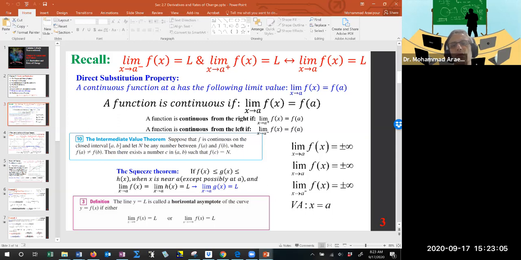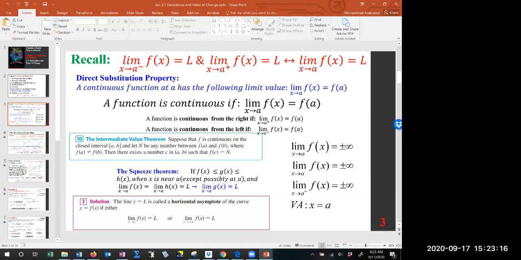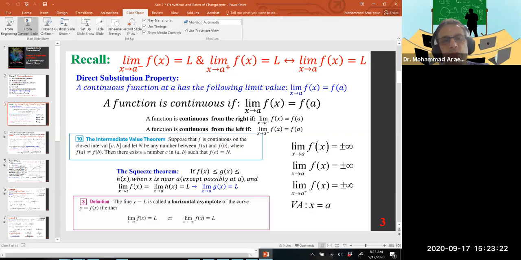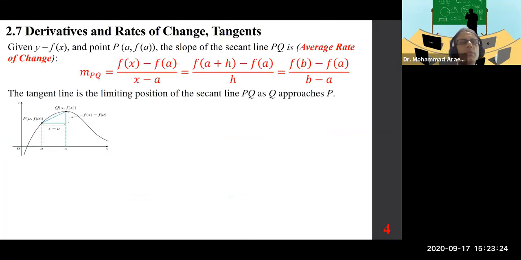Horizontal asymptote, vertical asymptote, squeeze theorem, the IVT or intermediate value theorem. So this is the synopsis of what has been covered, just to refresh your memory about the previous topic. And now 2.7, derivatives and rates of change.